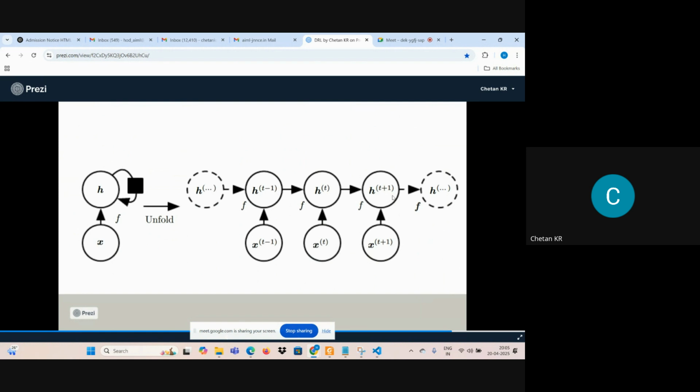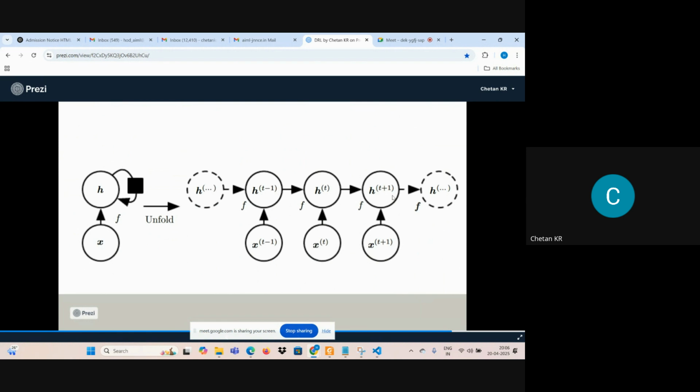To find the hidden state at a particular time, I need the previous hidden state and the current input. And this goes one by one only, in sequence. Unless you find h of t, you can't find t plus 1 or t plus 2. It has to go one by one only. You can't parallelize it.